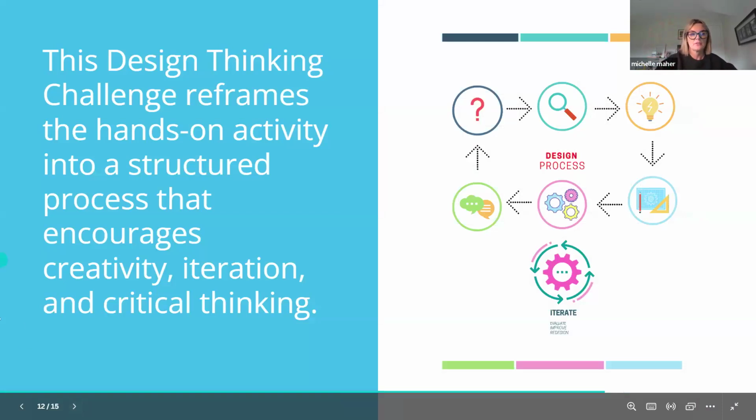So from my point, I'll stop sharing for a second. Back to what I was saying to you last week, looking at that 5E inquiry model that I mentioned. You're building up to this design thinking challenge because you were engaging in some learning around electricity, even using the PhET simulations or the transfer of energy, then moving into exploring that by constructing little circuits, maybe testing for conductors, and then going back into PhET simulations and explaining how it all works, that you've got electrons flowing around.